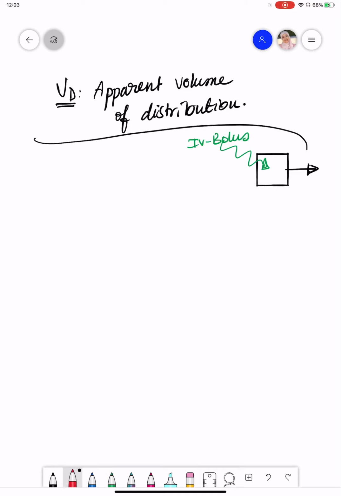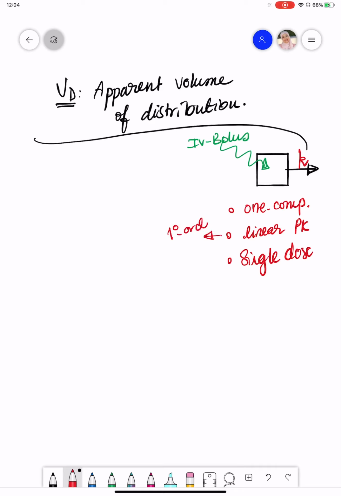We are talking about one compartment, linear kinetic, and a single dose. And as we are talking about linear kinetic, by default we are talking about first order kinetic, right? Those are things that we talked about last time.